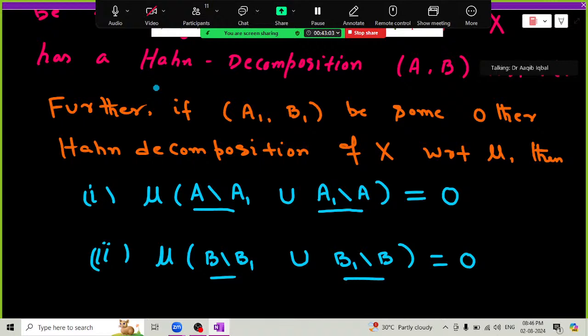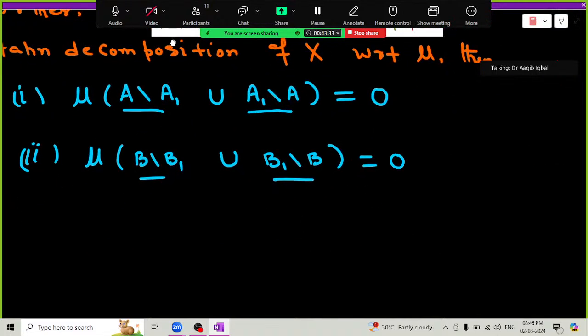It is the symmetric difference. So the mu standard measure of the symmetric difference of A and A1 is 0, and the mu standard measure of the symmetric difference of B and B1 will be 0. Okay, so the symmetric differences will be 0 in terms of the standard measure actually.